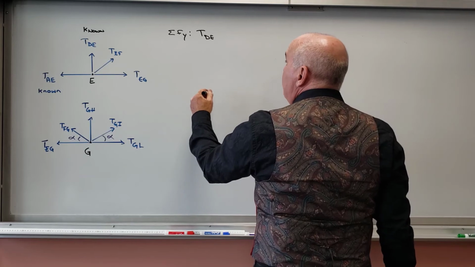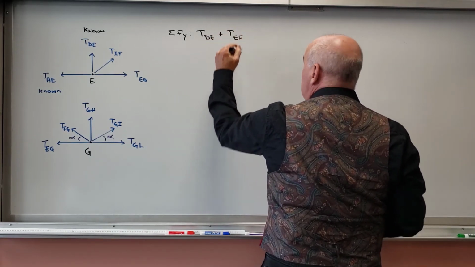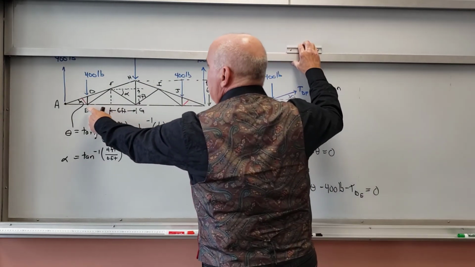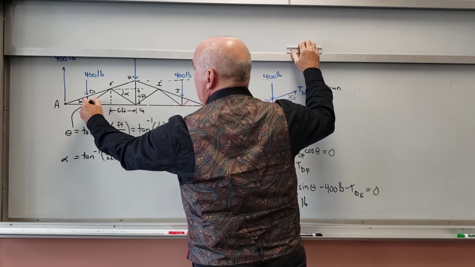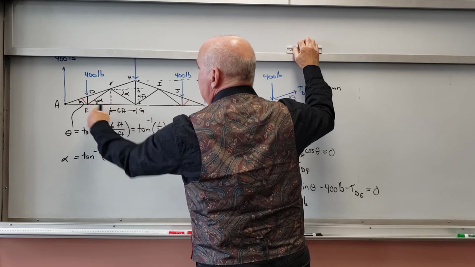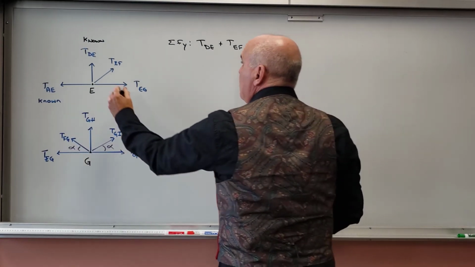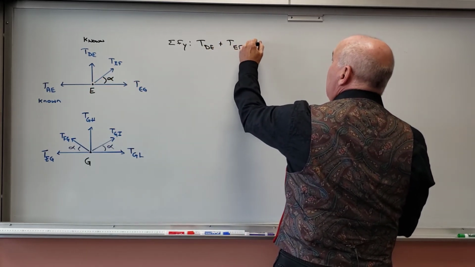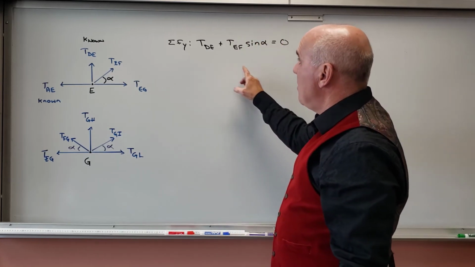And then I have plus TEF. Take a look at EF. EF is here, that angle in here. This is also alpha, because this is 4 feet and this is 6 feet. So that's the same angle alpha. So TEF sine alpha, and that's it in the Y direction, so that's equal to 0.